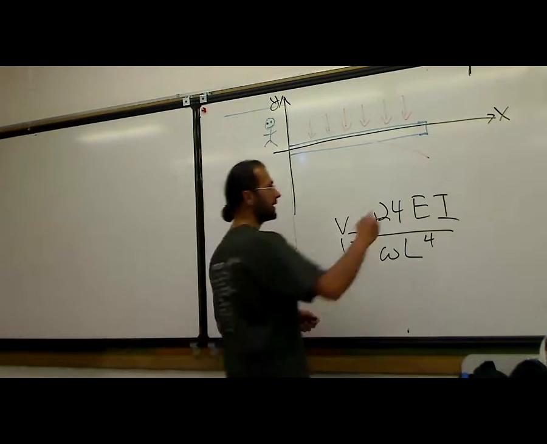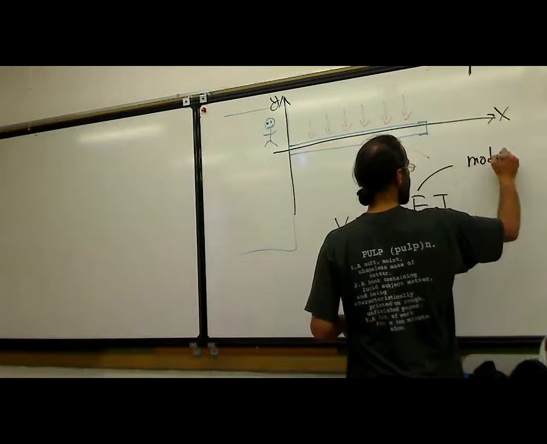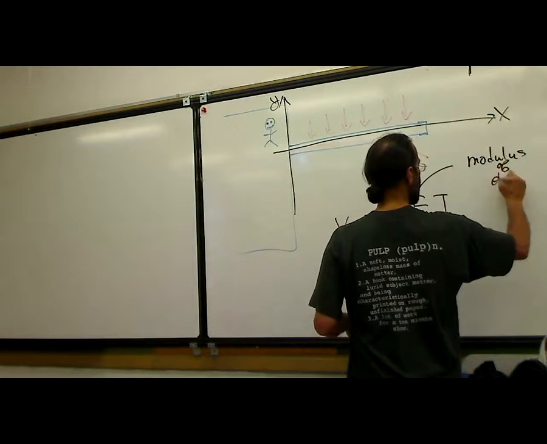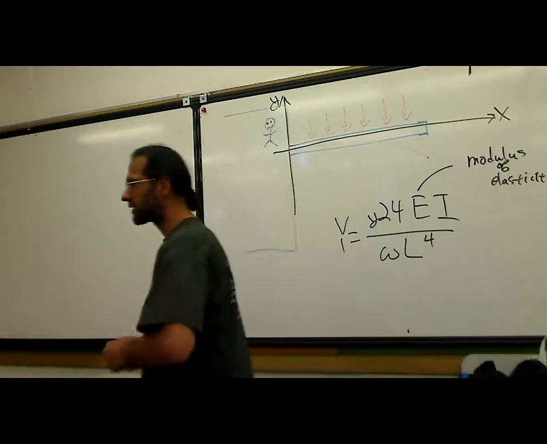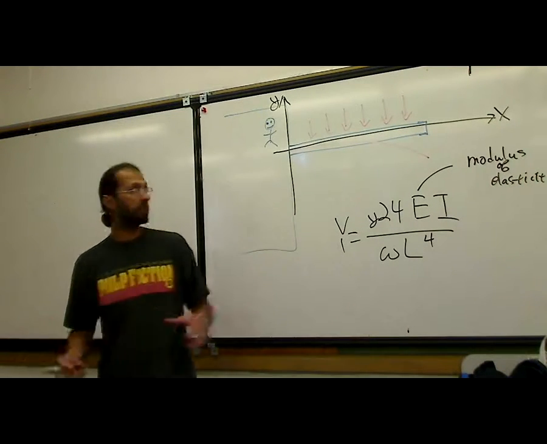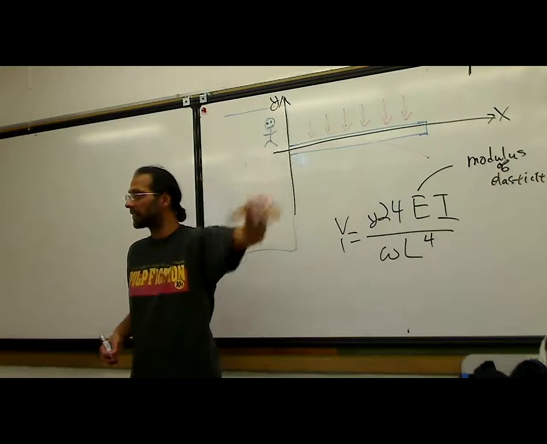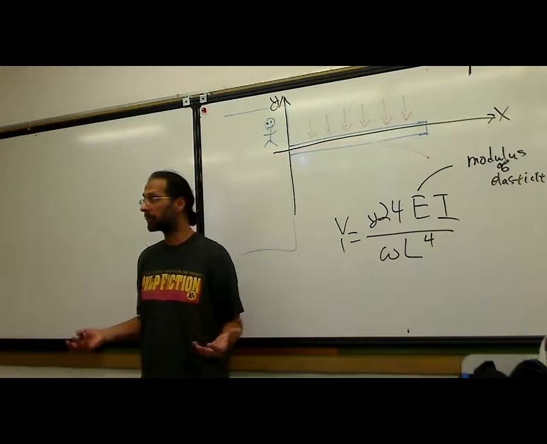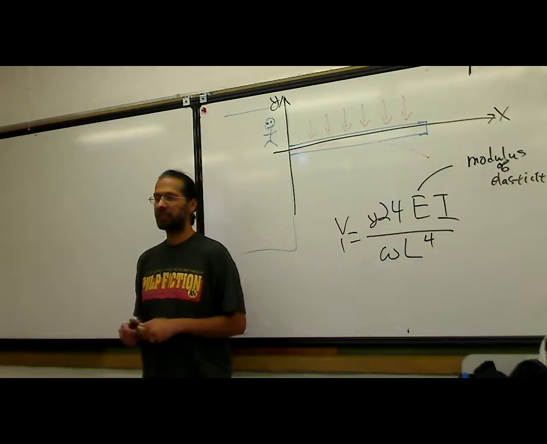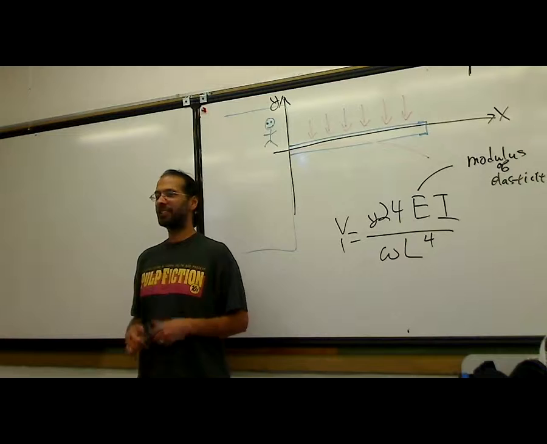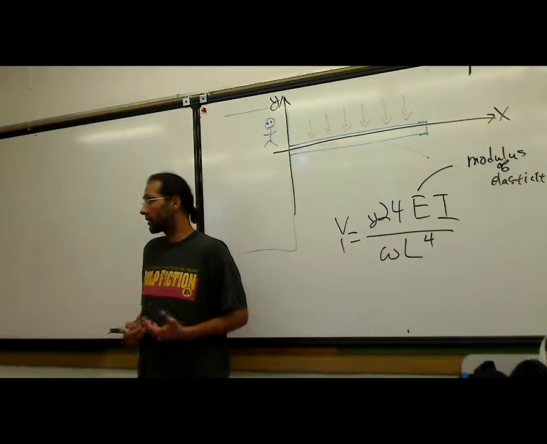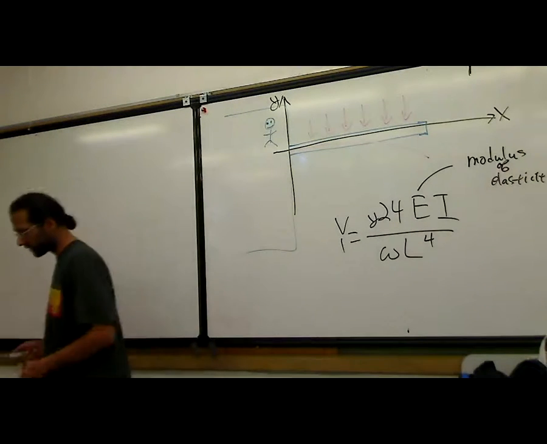E is this thing called the modulus of elasticity. It's a characteristic of the material that this beam is constructed out of. How elastic is this beam? You can imagine if it's a gummy bear, it's very elastic. If it's steel, it's somewhat elastic. And if it's concrete, it's far less.